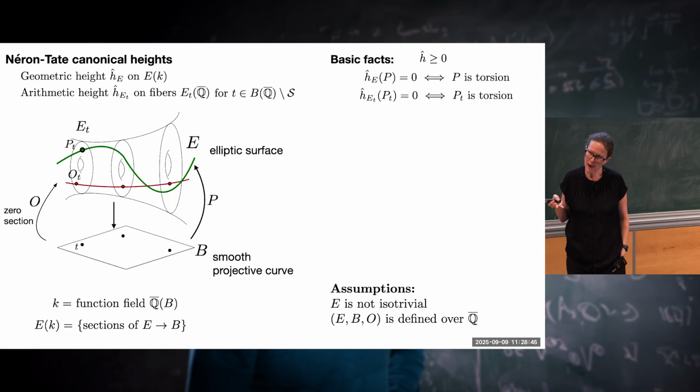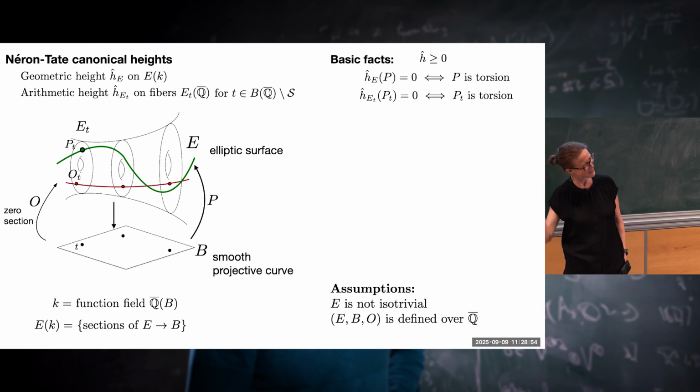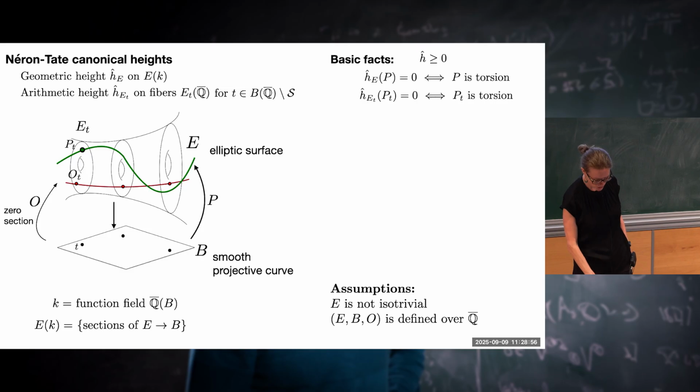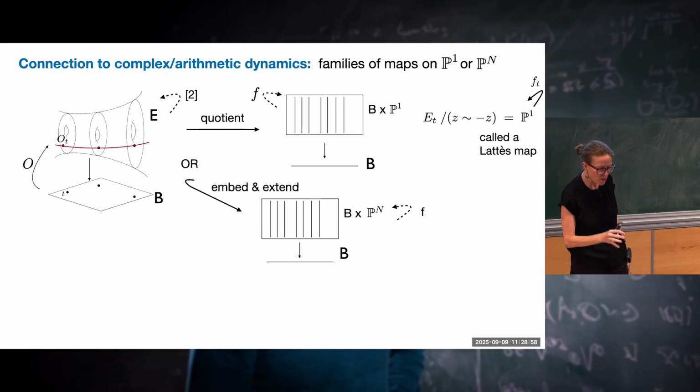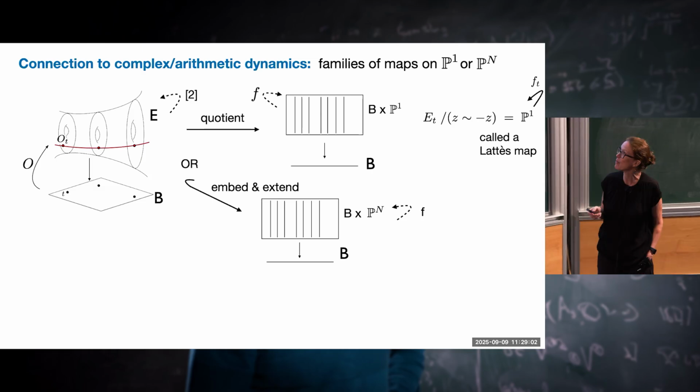All right, so before I formulate the problem or the questions that I've been thinking about, I said I'm going to describe some questions and problems in the parallel dynamical setting. So just for a moment, let me say what that parallel dynamical setting is that I think a lot about.